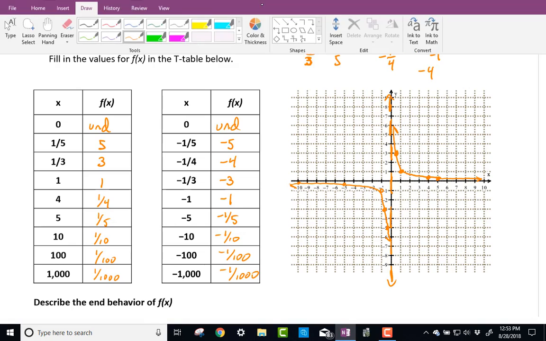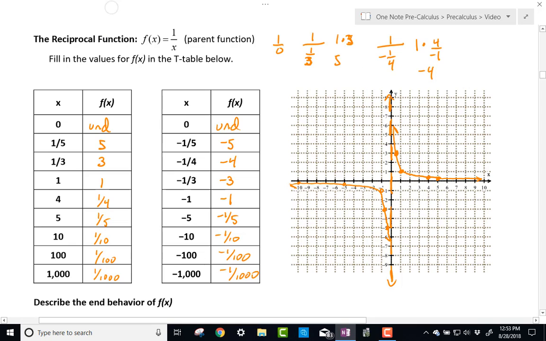And so what happens here is we actually end up with a horizontal asymptote. So this line here, your x-axis, becomes your horizontal asymptote, and that horizontal asymptote is y equals 0, and your vertical asymptote is x equals 0. The vertical asymptote is easy to find because it's the value where the function is undefined.